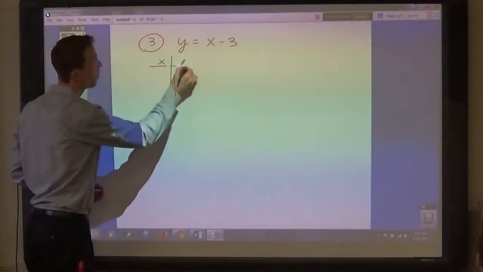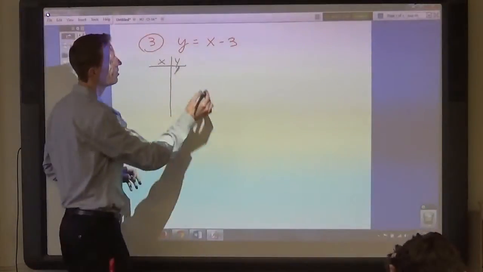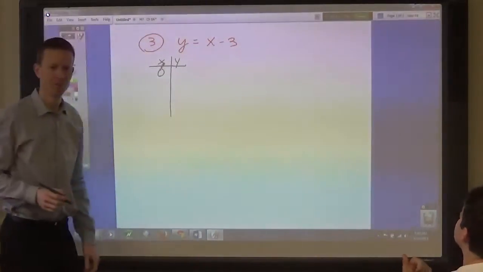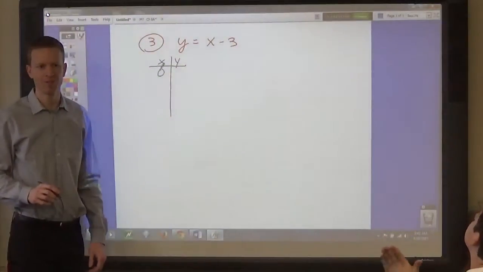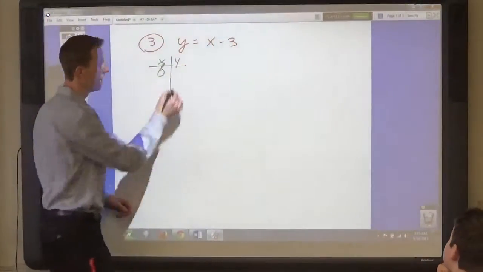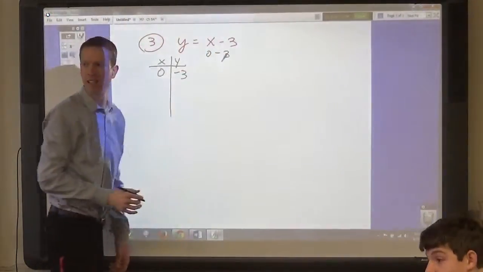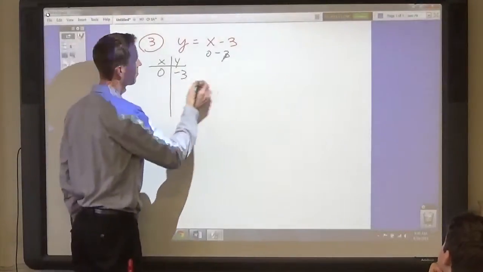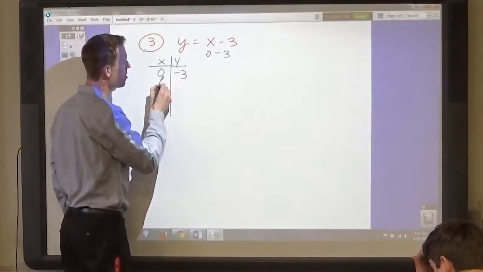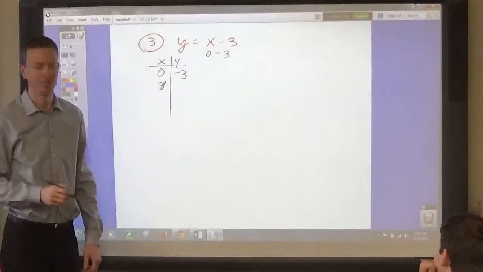Plug in 3 numbers and then make a chart of values. So let's say x is 0. What would y be if x is 0? Negative 3. Right. 0 minus 3 is negative 3. What if x was 3? 0.